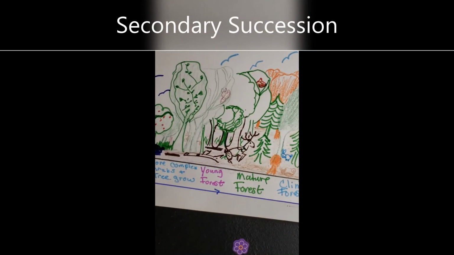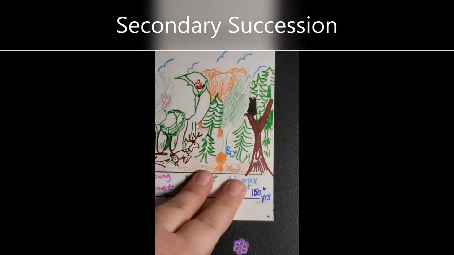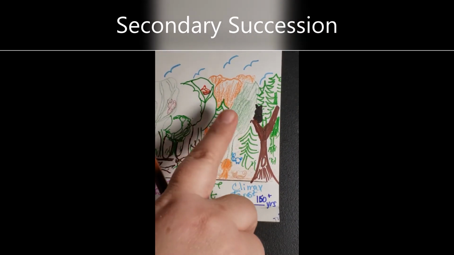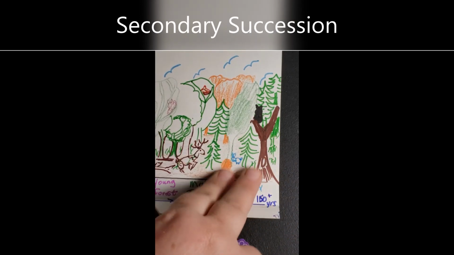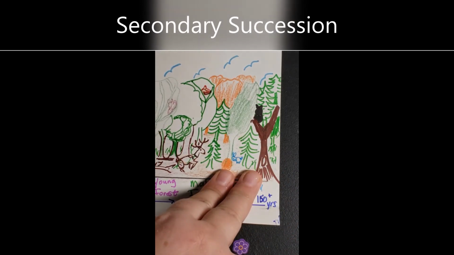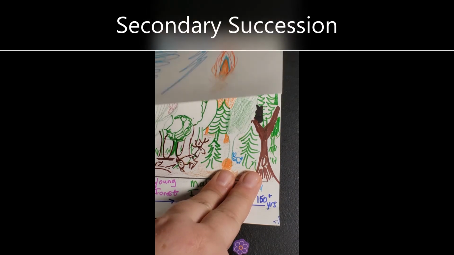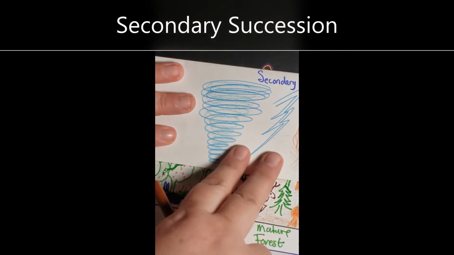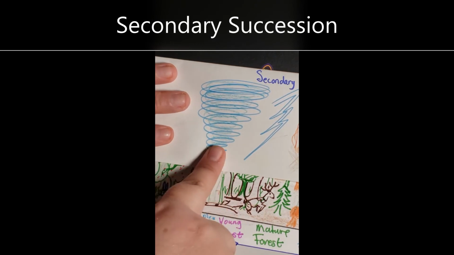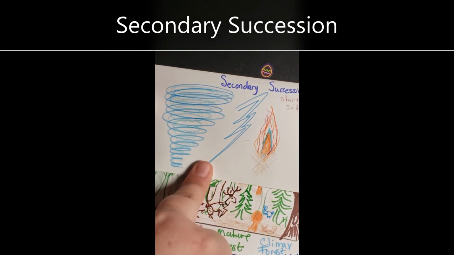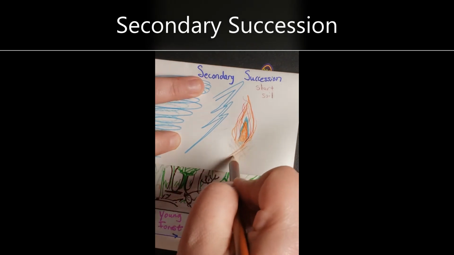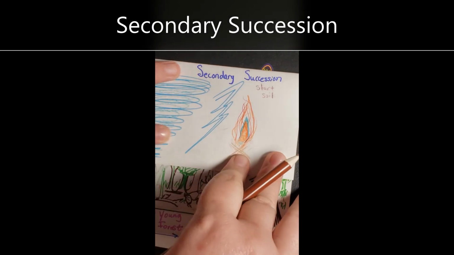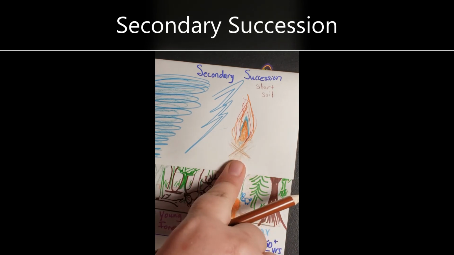But once you have your mature forest, how do we start secondary succession? So secondary succession starts with a mature climax forest that gets destroyed, or parts of it get destroyed, and that is caused by tornadoes, lightning that can start a fire, or even campers that can cause a forest fire.